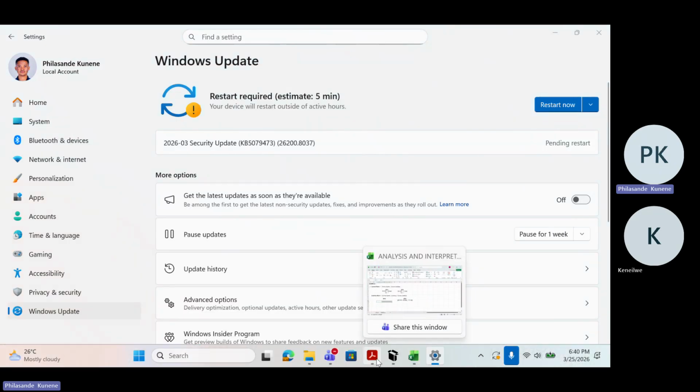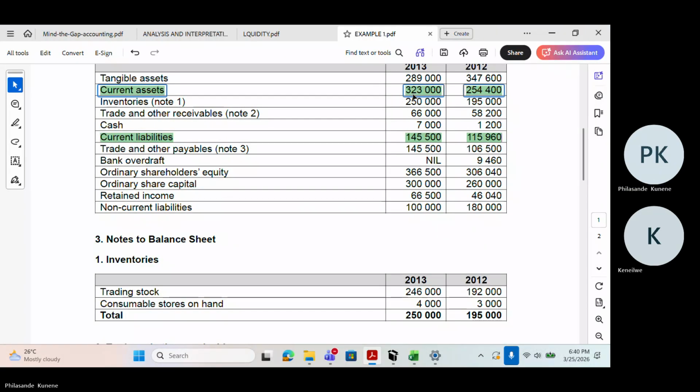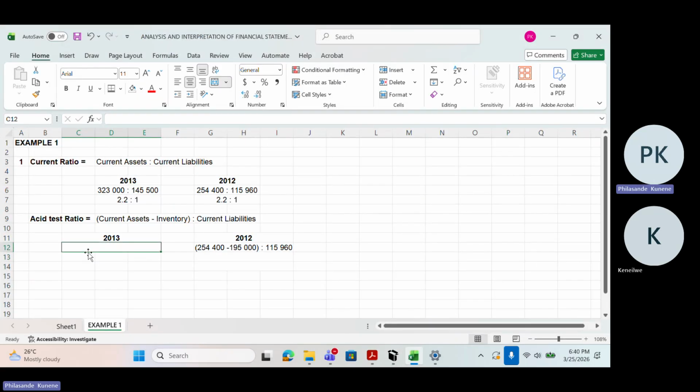I'm going to say 323,000 minus 250,000 rand, and then it's 145,500. The liabilities still have to be the same.